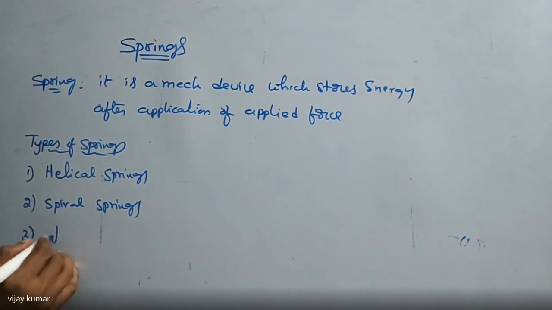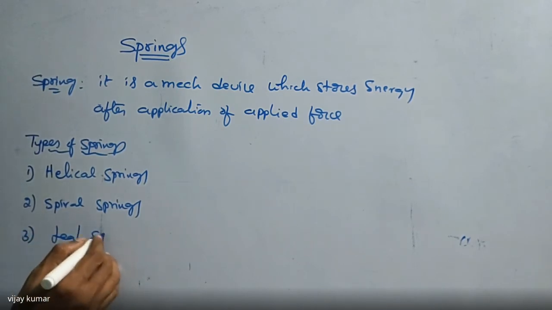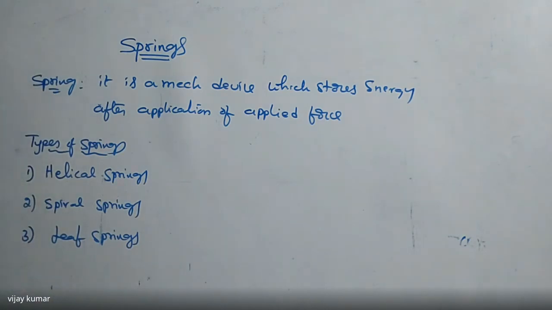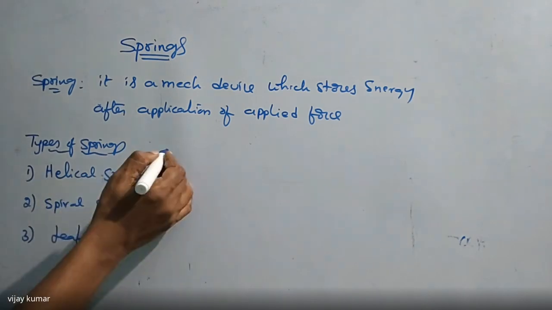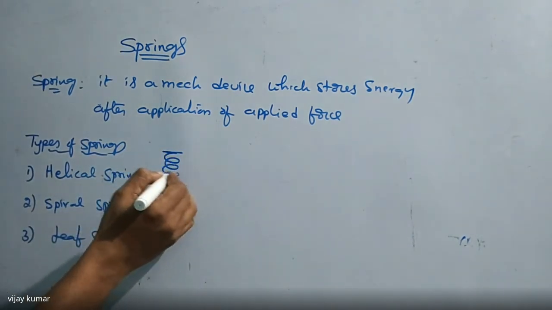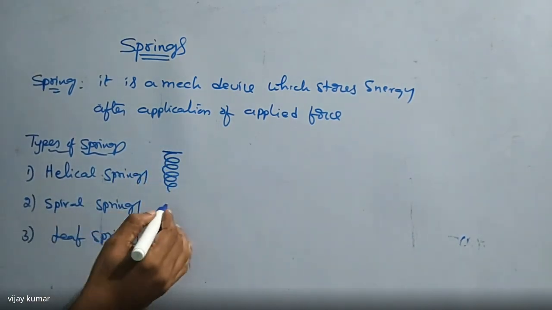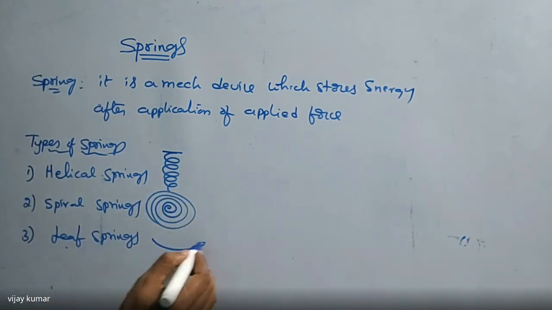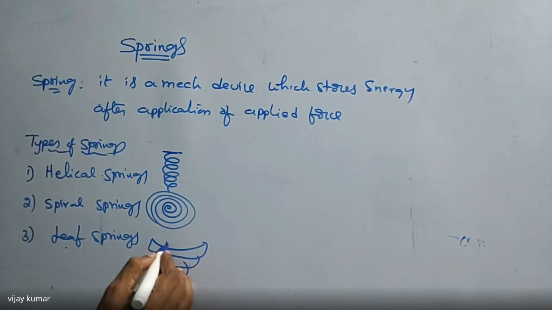And next one is leaf springs. So these are the types of springs here. Helical springs are like this. I don't know if you know it. And spiral springs are like this. And the leaf springs are like this. These are nothing but leaf springs.